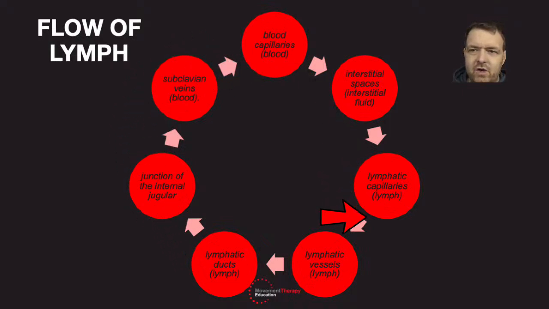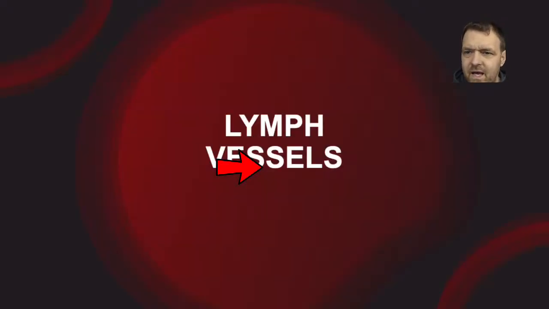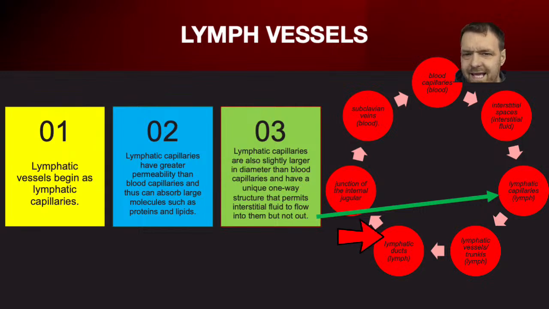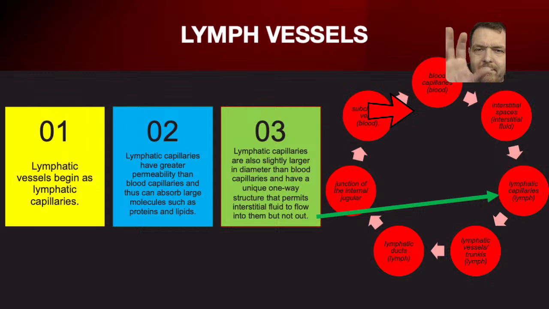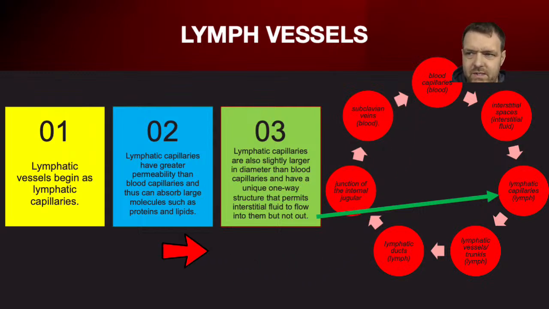Okay, so it could be carrying nutrients, could be carrying hormones, or just cleaned up lymph ready to go back as blood plasma. Okay, all cleaned up. So that's the flow. And then we were looking at each section of the flow, and what happens in each of those points.